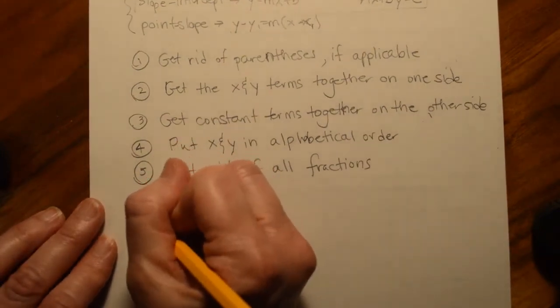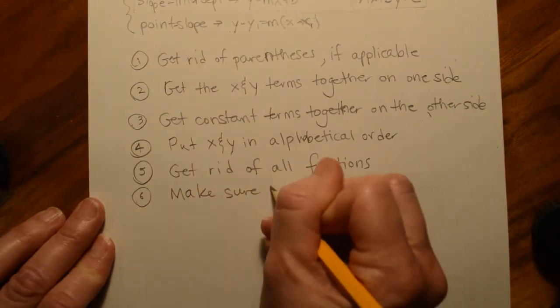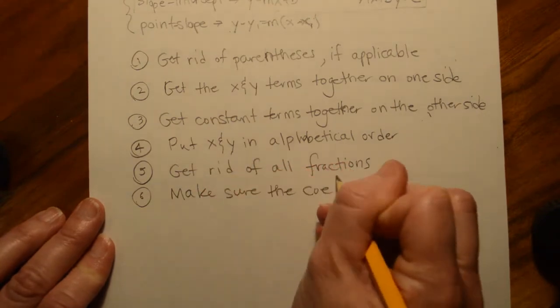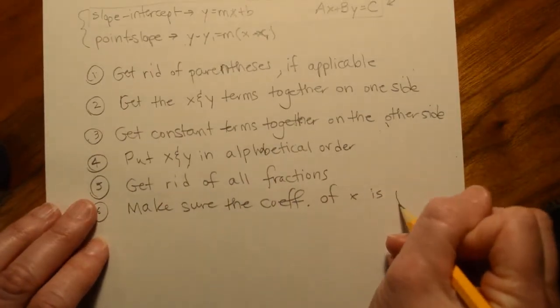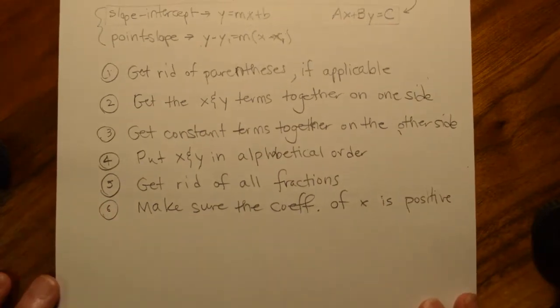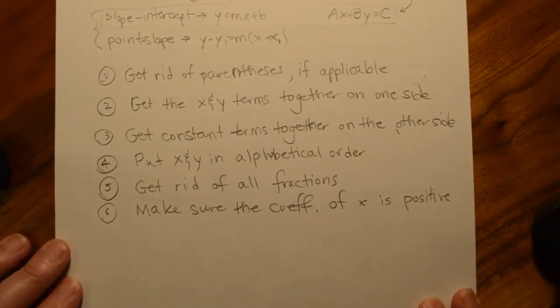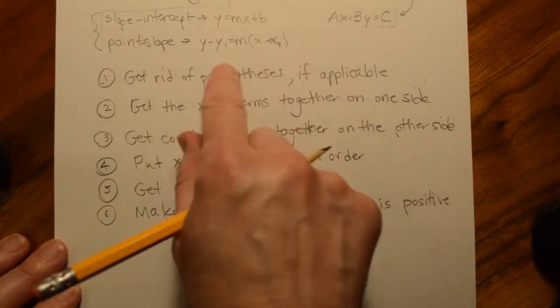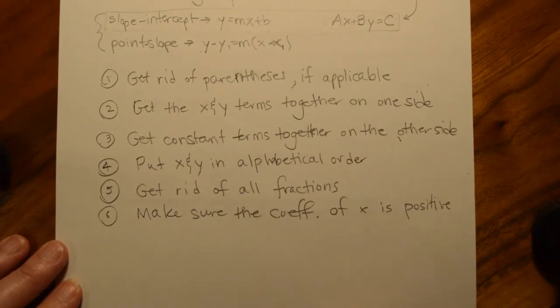Oh, there's one other thing. Make sure the coefficient of x is positive. Right, so again, they can be done in varying orders, but these are all things that must happen for us to have something go from slope-intercept or point-slope form into the standard or general form.